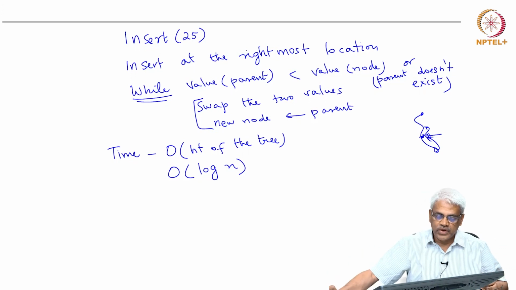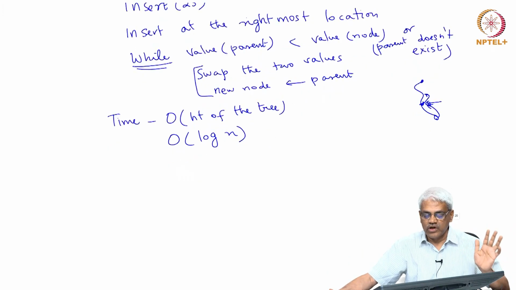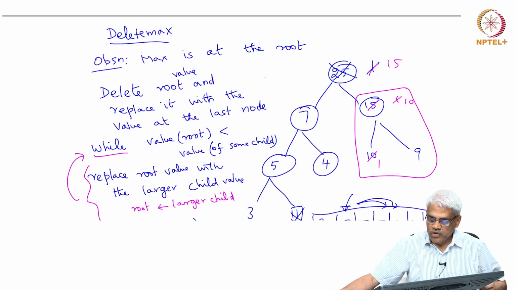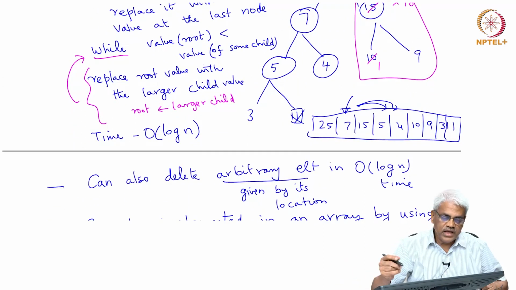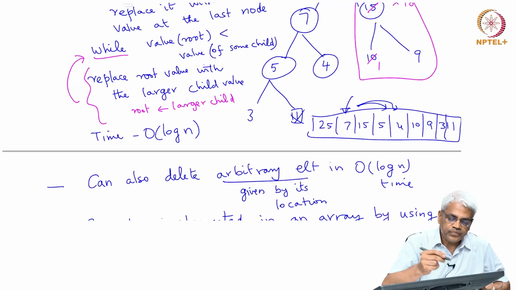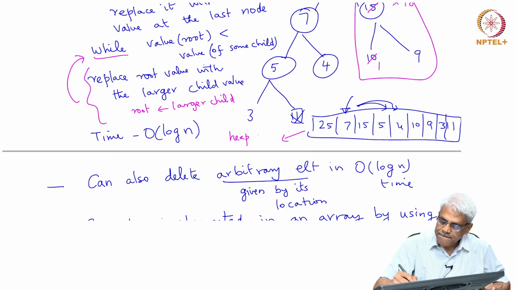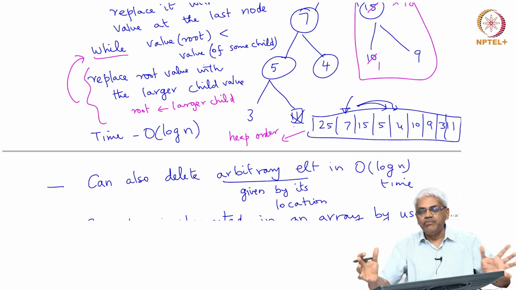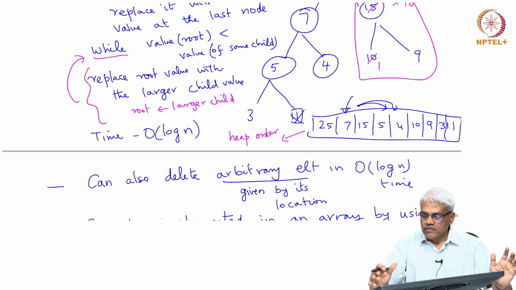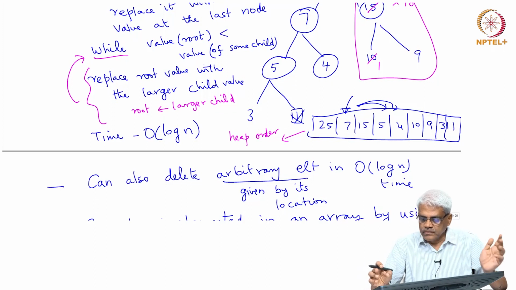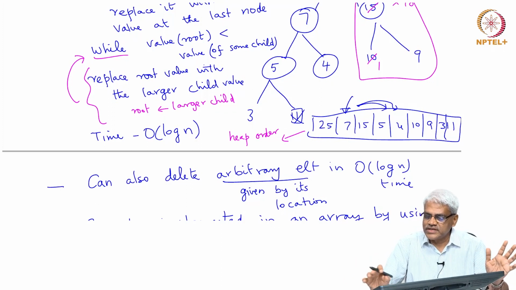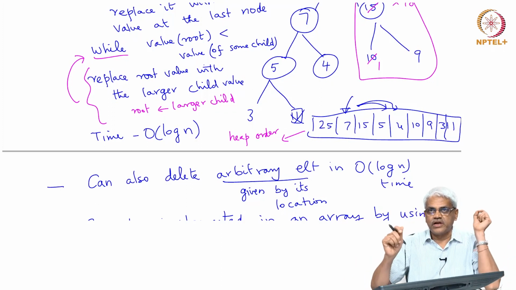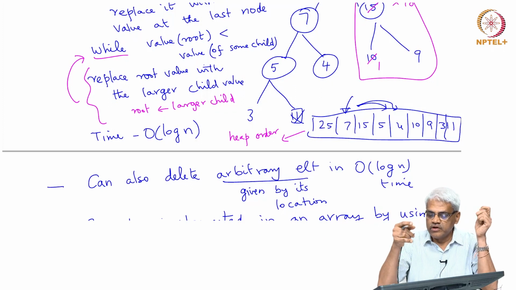and implement these two new operations, insert and delete max, in logarithmic time. So think of this as a heap order. It's neither sorted nor unsorted, but somewhere in between. It's not completely unsorted. There is some relationship because of this parent-child value relationship.